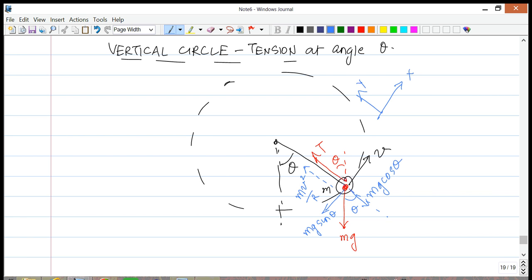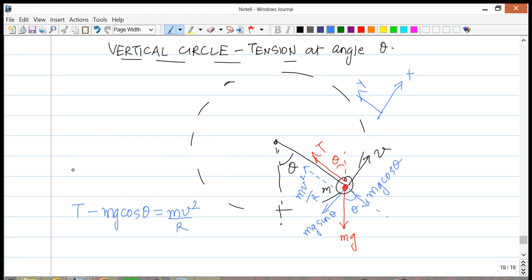Great. Now that we have this, we can write equations along the y-axis and along the x-axis. Along the y-axis, my equation is T minus mg cosine theta equals mv square over r.